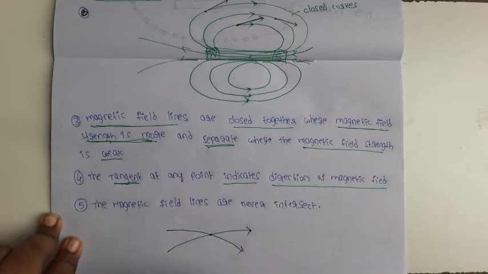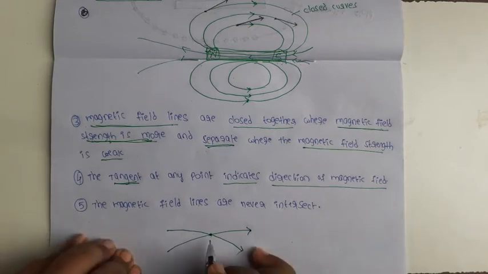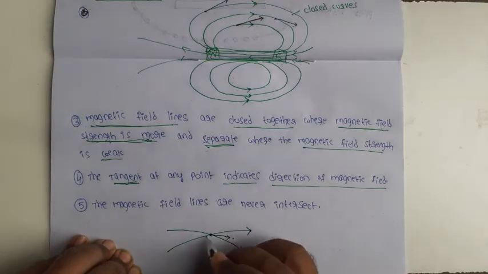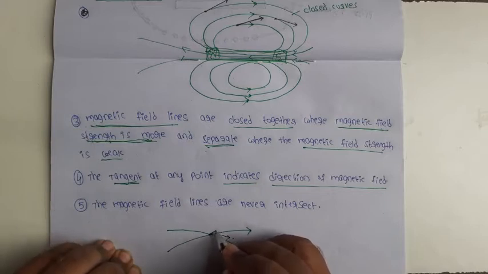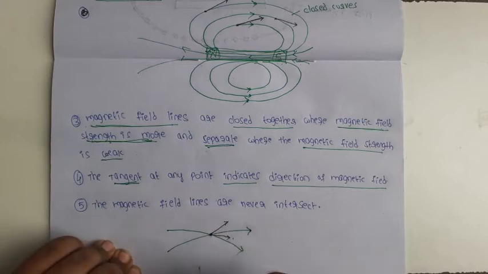At this particular point, these two magnetic field lines intersect. What happens at this point? What is the direction of the magnetic field? The tangent shows the direction of the magnetic field. For this line, the magnetic field direction is this tangent. For the other line, it is the other tangent.